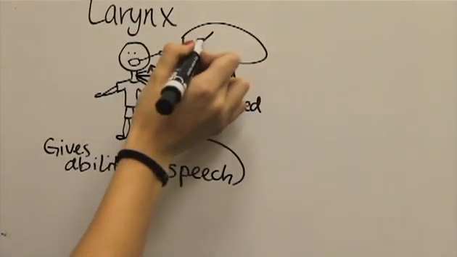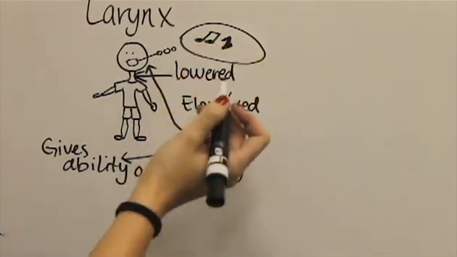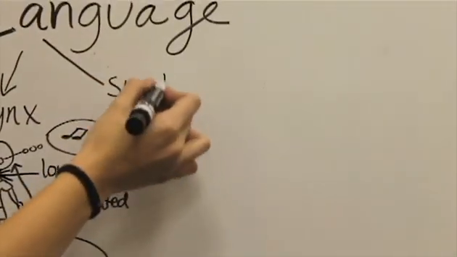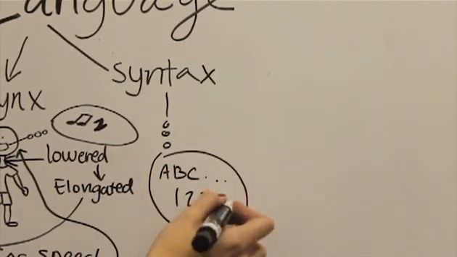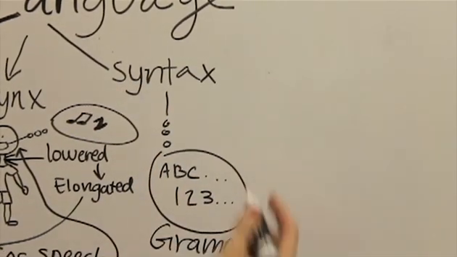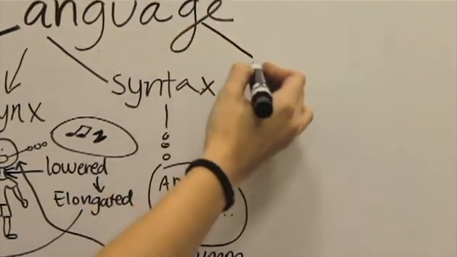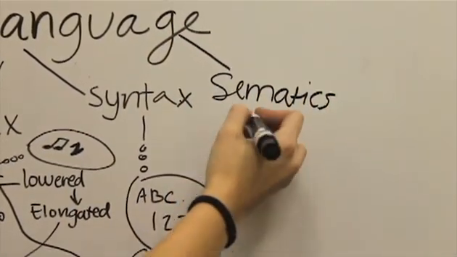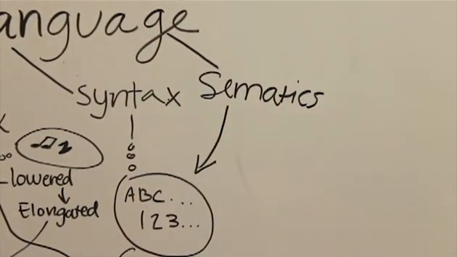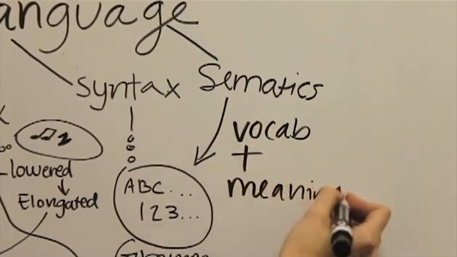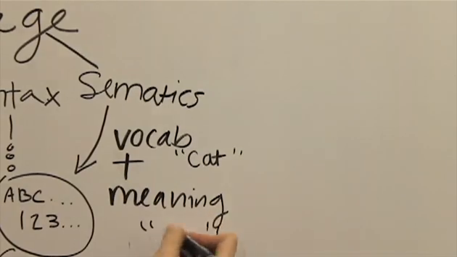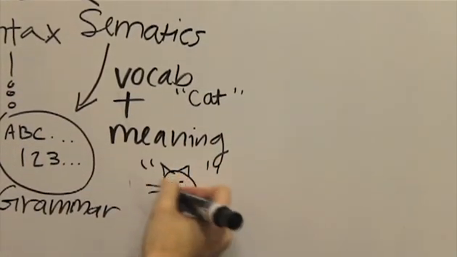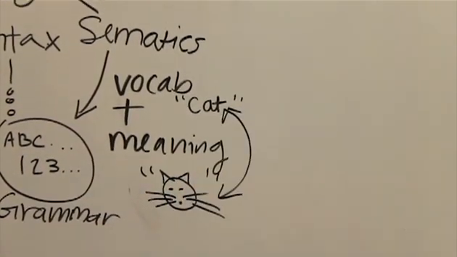Language is made up of two parts, one of them being syntax. Syntax is grammar as well as the order that we put together our languages. Then there is semantics. Semantics is the vocab and the meaning. Vocab is all of the words that we speak, and meaning is what those words represent. For example, the word cat, as we know, represents a four-legged feline with whiskers and a tail.